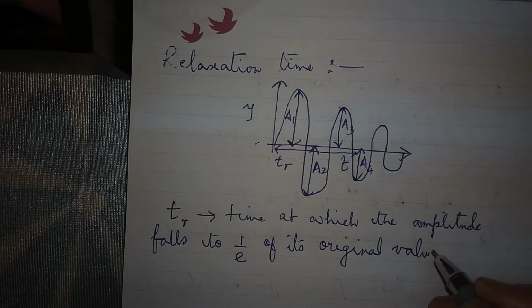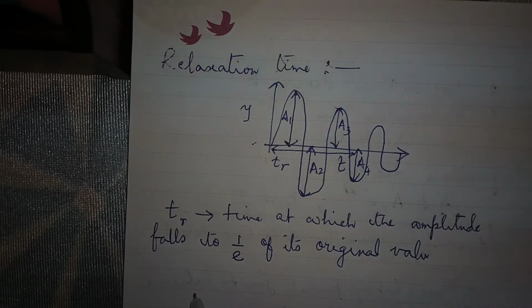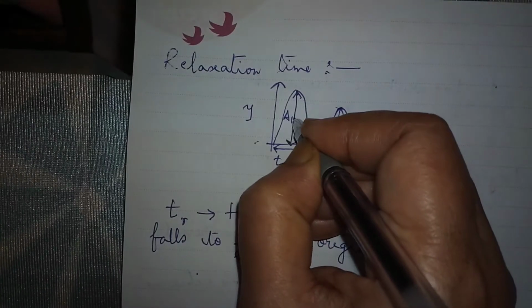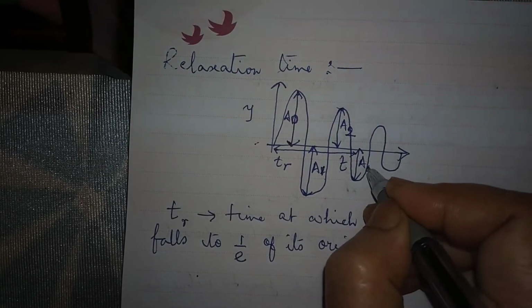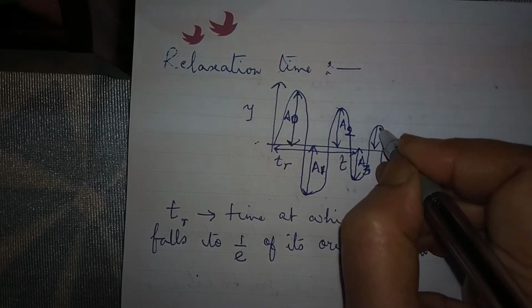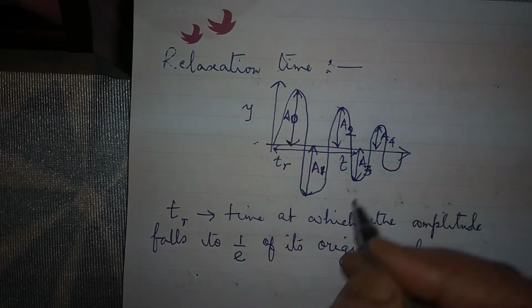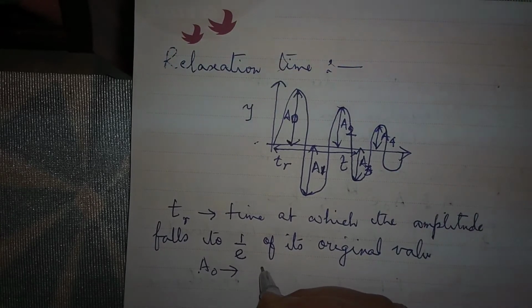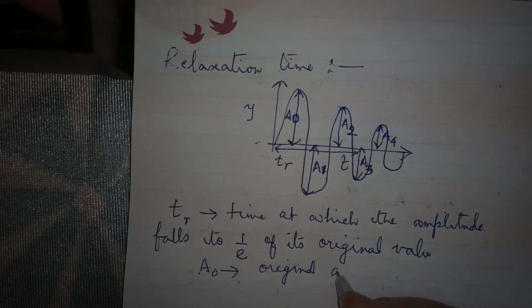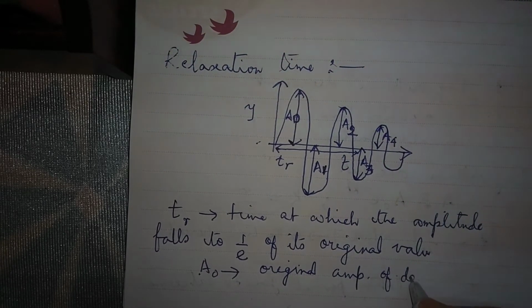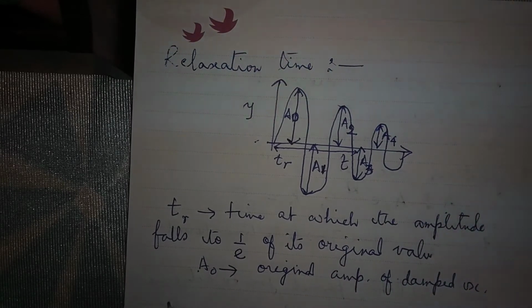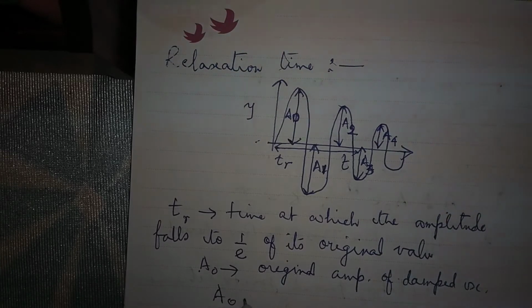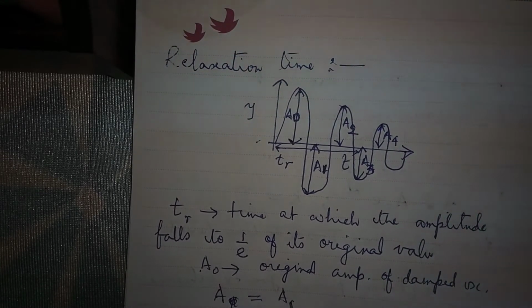Therefore, if A0 is the original amplitude of a damped oscillator, which gets damped to A1, A2, A3 and then A4, then at what time does the amplitude A become equal to A0 by E?